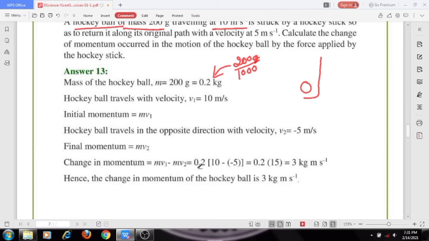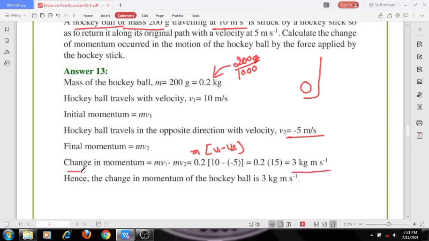So we will take the mass common, that is m into v1 minus v2. What is m? It is 0.2 kg. What is v1? 10 meter per second, minus v2. So v2 is minus 5. On simplification we will get 0.2 into 15, which is equal to 3 kg meter per second.